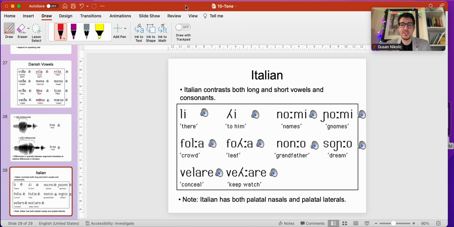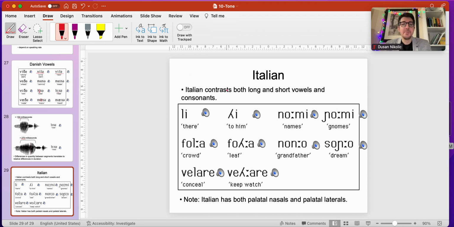And finally, I would like to finish this lecture, this long lecture, with Italian. Italian contrasts both long and short vowels and consonants, so it has difference in length in consonants and vowels. Italian has also both nasal palatals and palatal laterals, right?